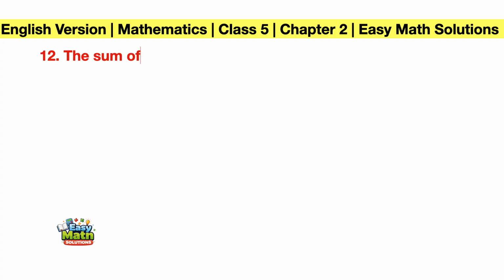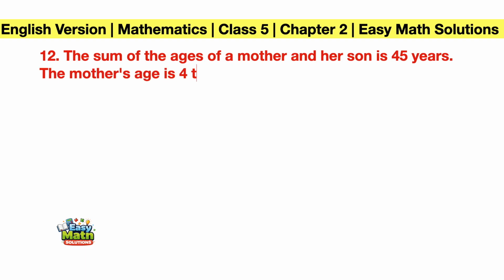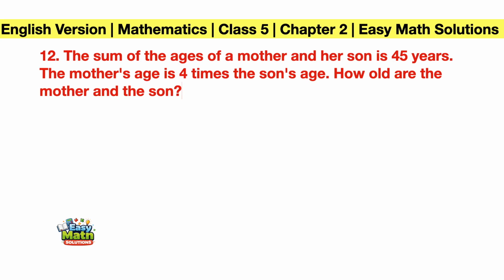Number 12. The sum of the ages of a mother and her son is 45 years. The mother is 4 times the son. How old are the mother and son? Here it is told the mother is 4 times the son.